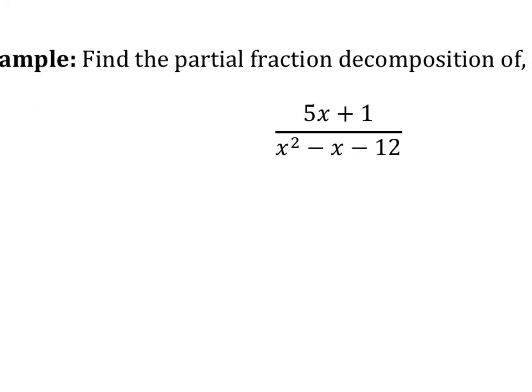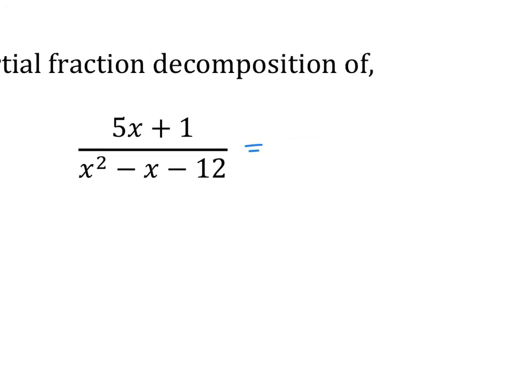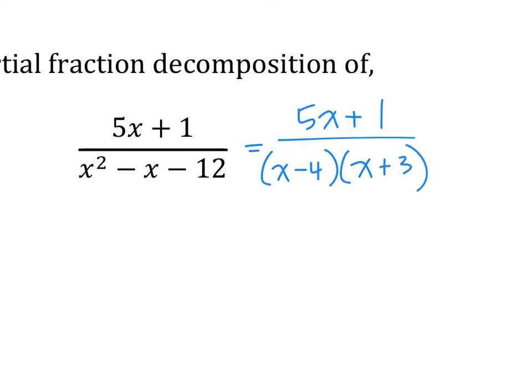First step, check that the degree of the numerator is less than the degree of the denominator. Is that true? Yes. Second step, we need to factor the denominator. That's going to be x minus 4, x plus 3.